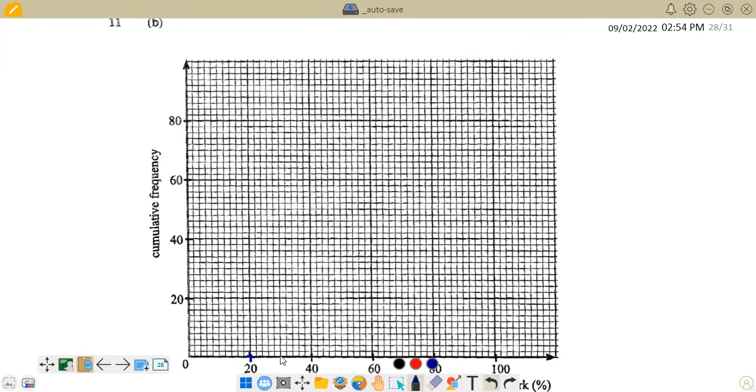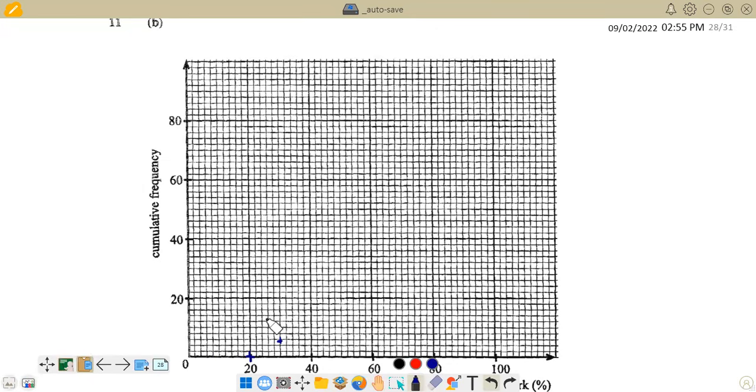That is 30. So remember we said each box is 2. So we're going to have 2, 4, 6. So 5 is in between 4 and 6. So you just mark in between, not at the point, but just in between, okay? So that's where you are going to have your point there, in between 4 and 6. So that's it, 30 and 5.